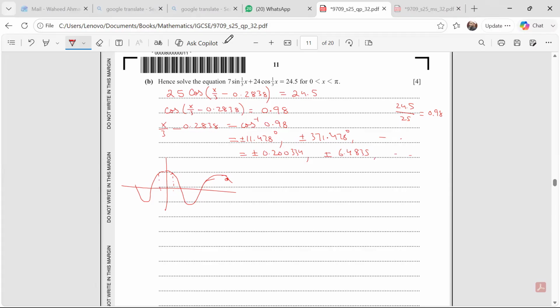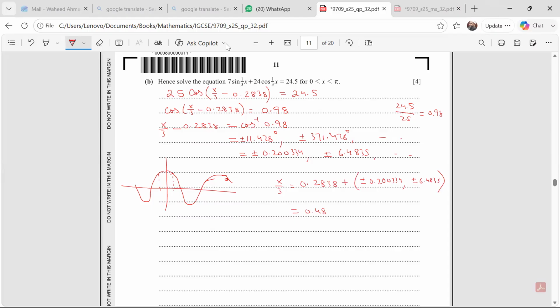So you can see that x by 3 would be equal to 0.2838, and then I will add into it all these values, right, which are plus minus 0.2003334 and plus minus 6.4835.